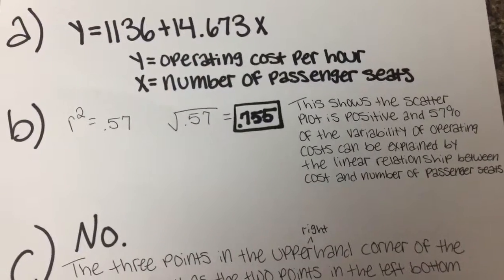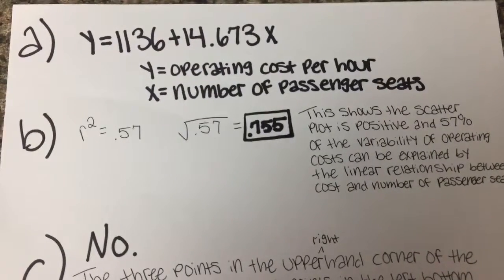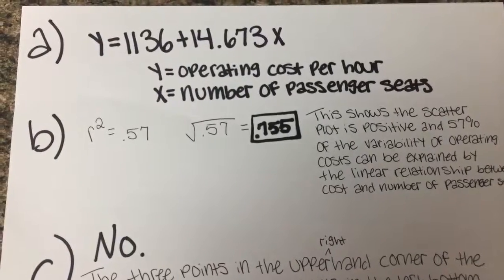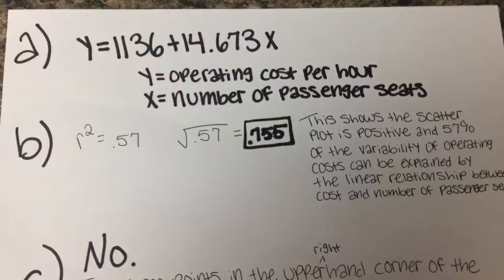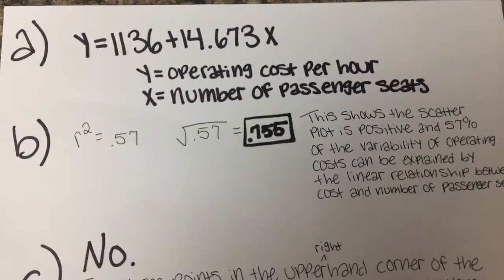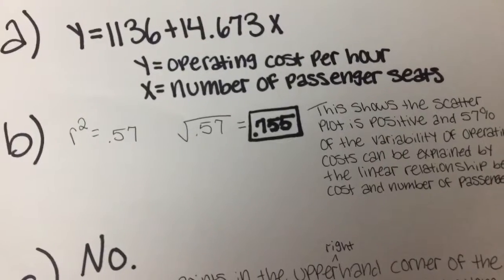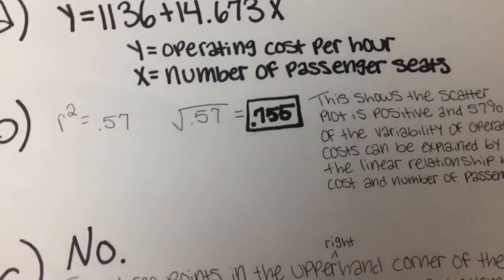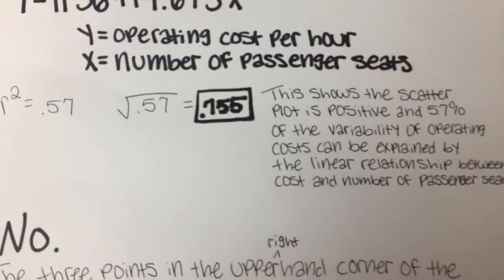For part B of the AP question, it asks what is the value of the correlation coefficient for operating cost per hour and number of passenger seats in the plane, and also to interpret this correlation. So the correlation coefficient is r, and they give you r squared, which is 0.57. So you take the square root of that and you find 0.755 as a correlation coefficient.